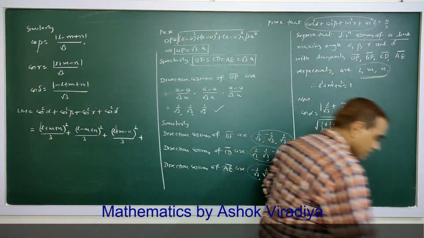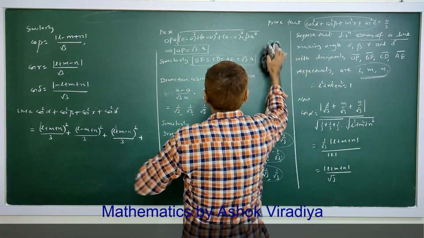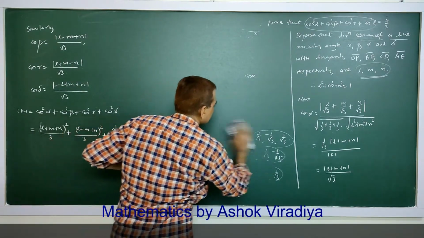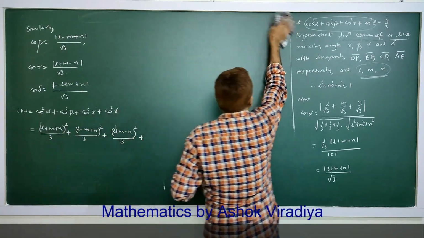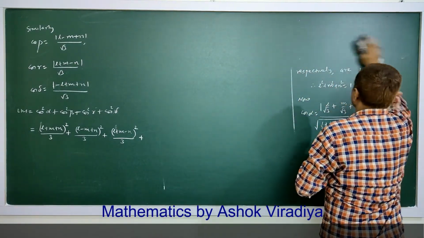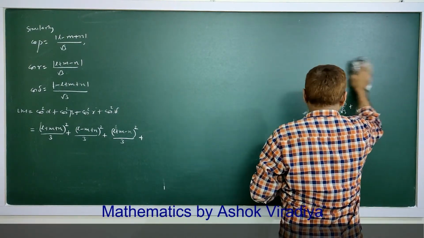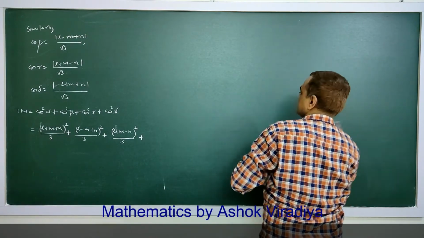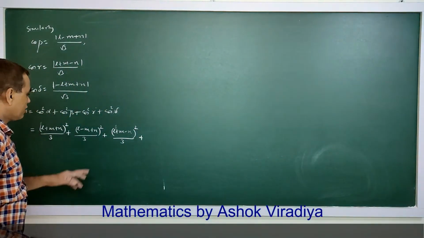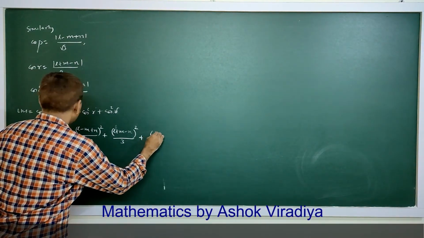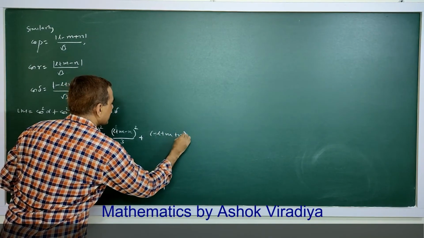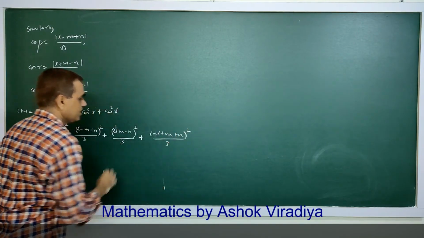Now I require space, so removing this side. The last value was minus L plus M plus N whole square upon 3.